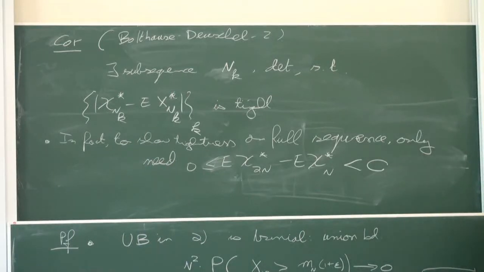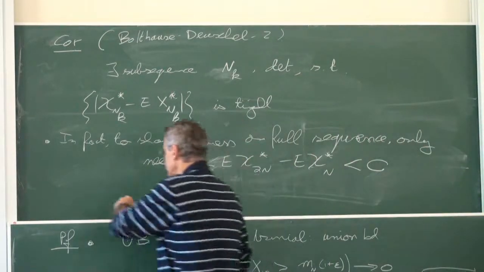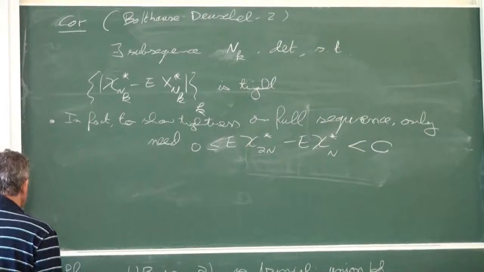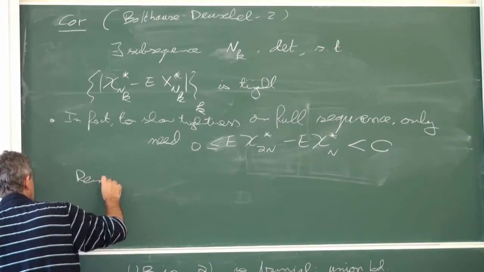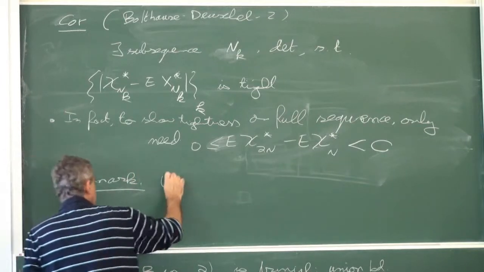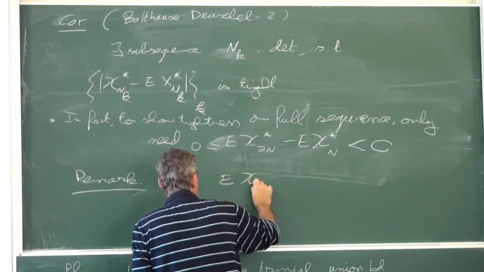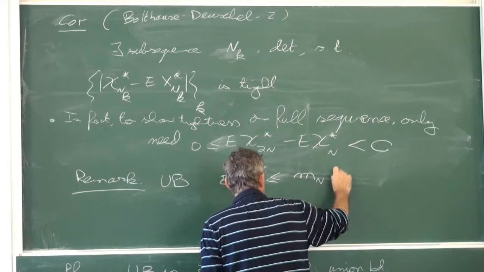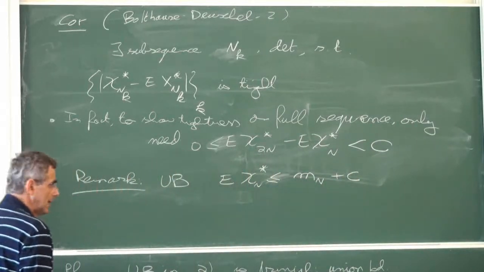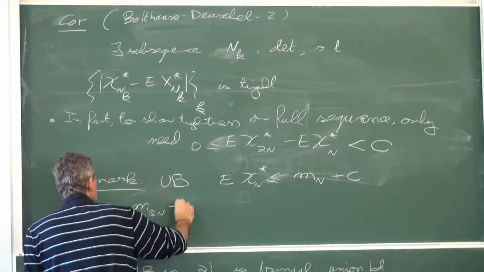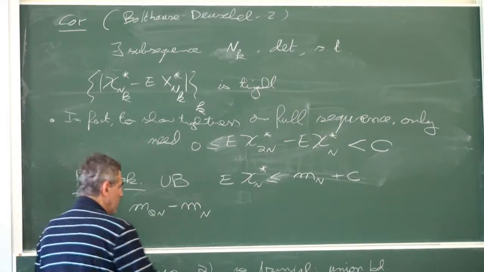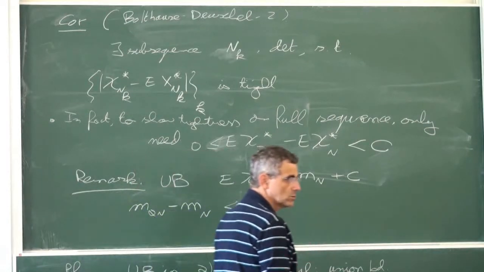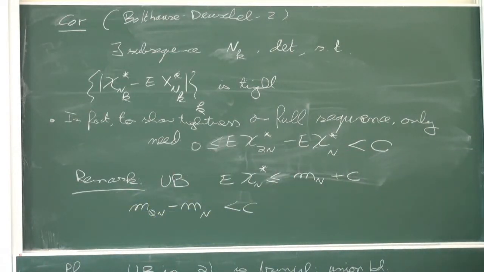Okay? And in this situation, we also remark that the upper bound was the expectation of X_n^* was less than or equal to m_n plus a constant, and m_{2n} minus m_n was bounded by a constant, because the leading term was log, and the second order term was a log-log, which doesn't change when you move from n to 2n.